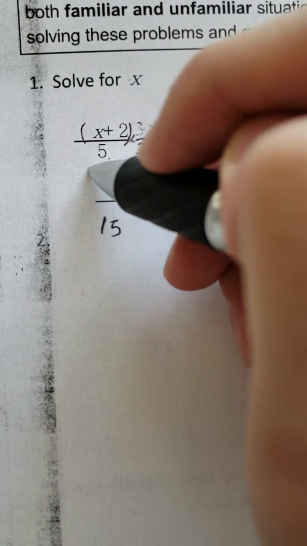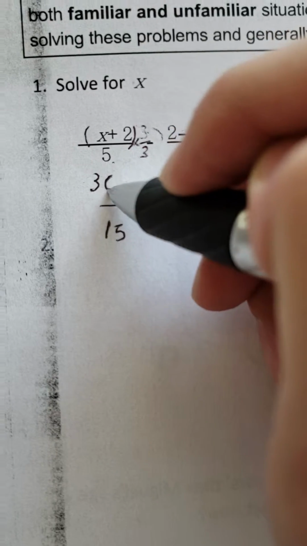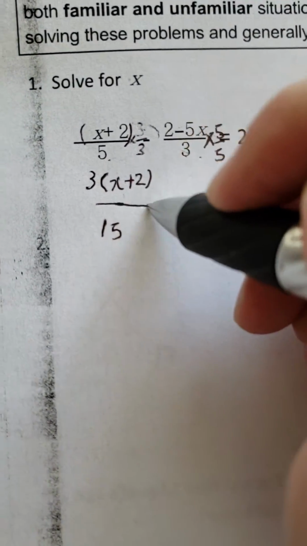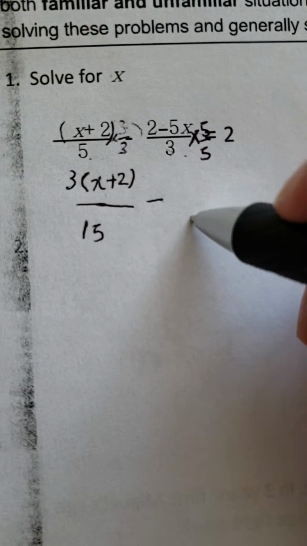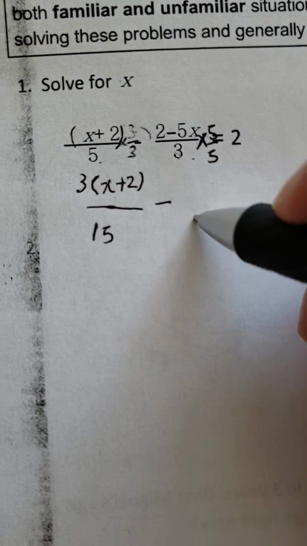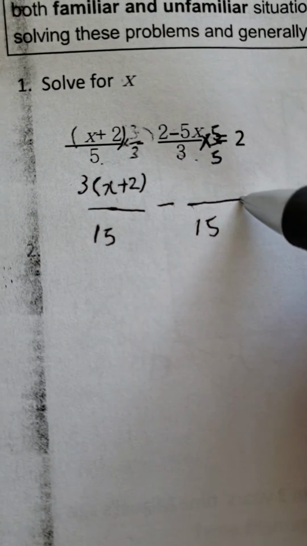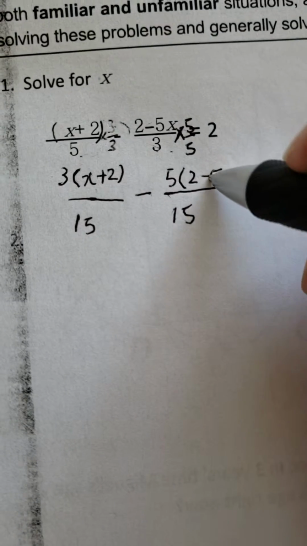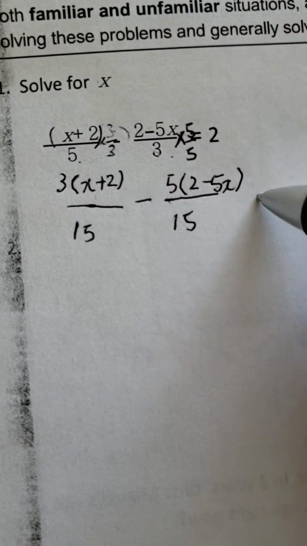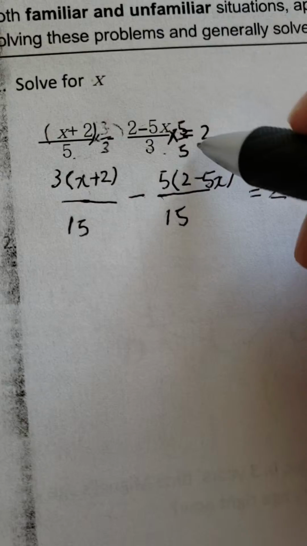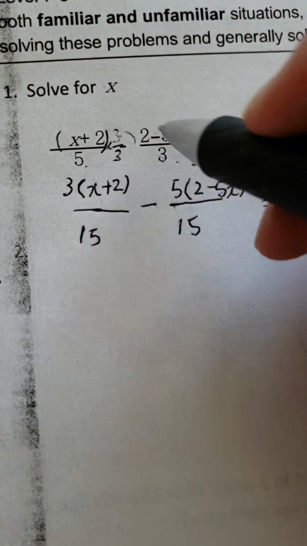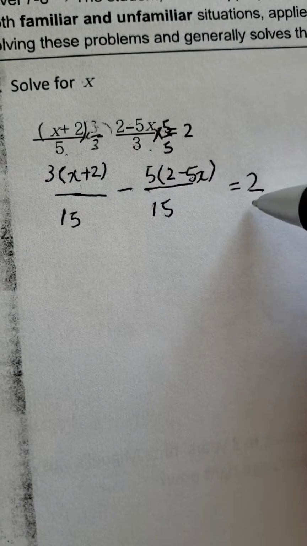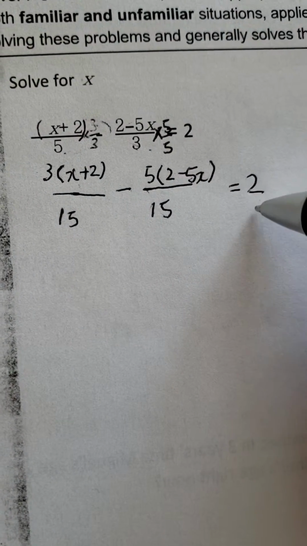You have to remember that it's 3 multiplied by the whole thing, which gives you 3 bracket x plus 2, minus the same thing: 3 times 5 is 15 here, and 5 multiplied by the whole thing, 2 minus 5x, which equals 2. Don't forget that we are treating this as an expression, but in the big picture, it's an equation, so you don't want to forget that you have a 2 here.